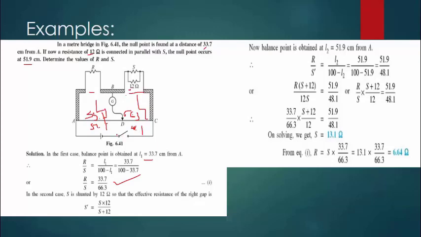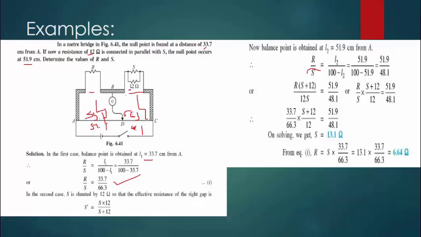So for the second case we have R over the new S, S dash, the new resistance kwenye hii gap, and the new length we can call the new L1 and L2. So we have 51.9 divided by 100 minus 51.9, ni 48.1.